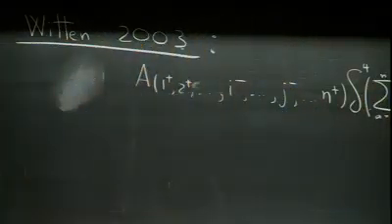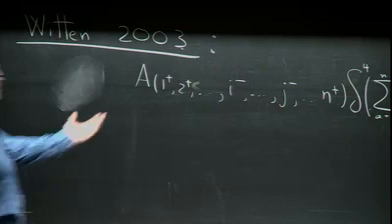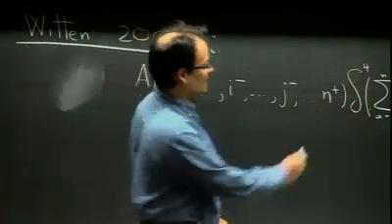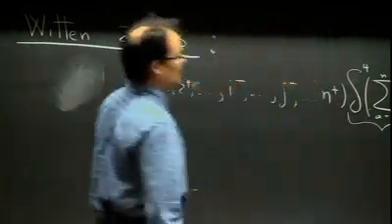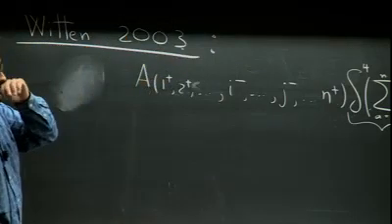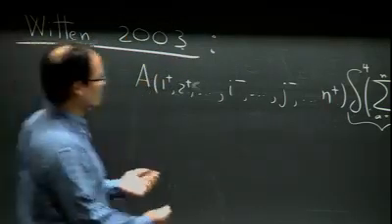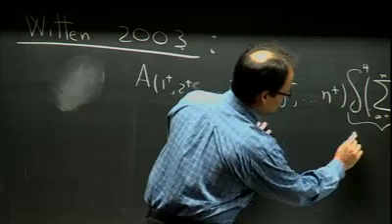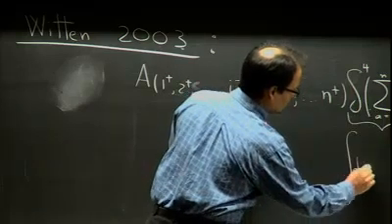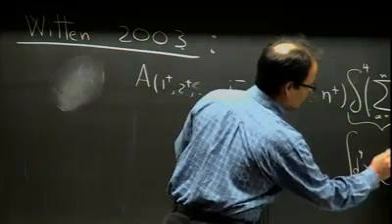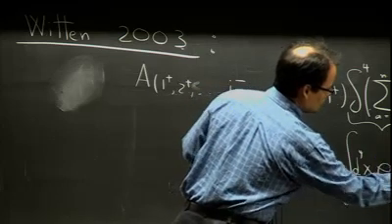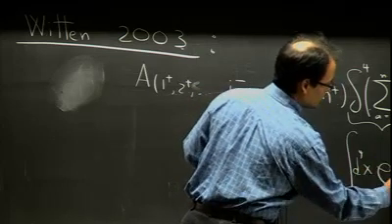Okay? And he said, well, if you want to connect to twistor space, you might want to bring space-time somewhere and then see what happens. So he rewrote this as follows.